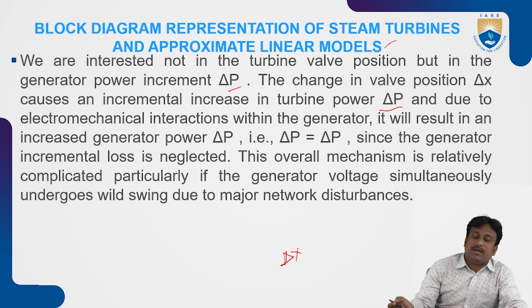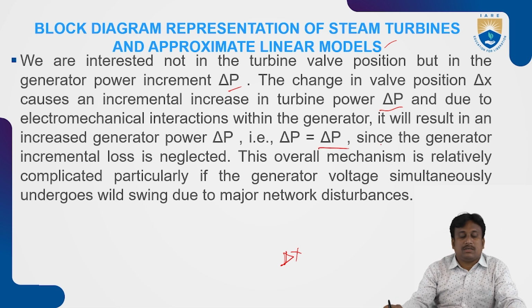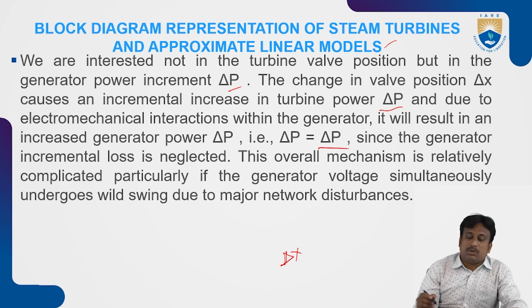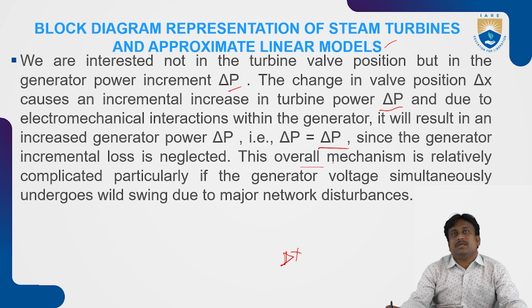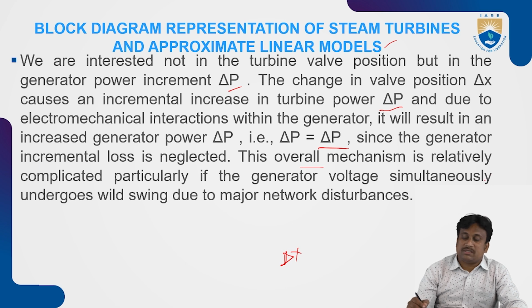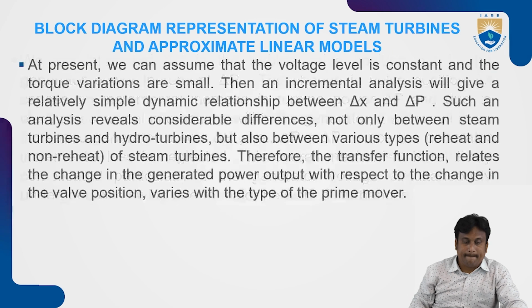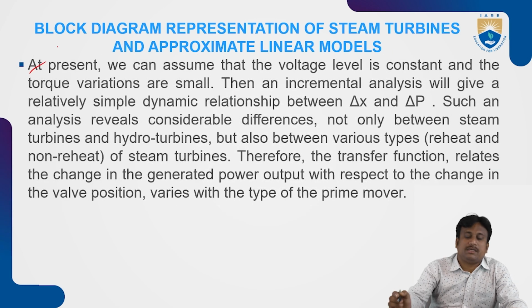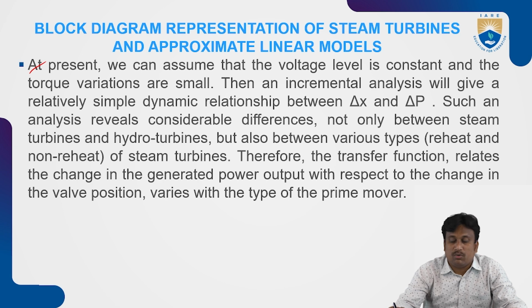That is equivalent to delta P generator, meaning the generator incremental loss is neglected here. This overall mechanism is relatively complicated, particularly because the generator voltage simultaneously undergoes wild swings due to major network disturbances. So at present we can assume that the voltage level is constant and torque variations are very small.